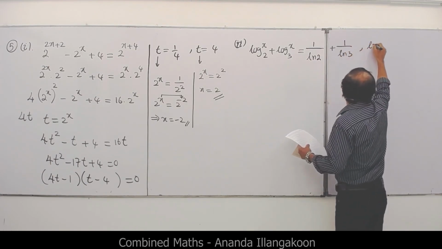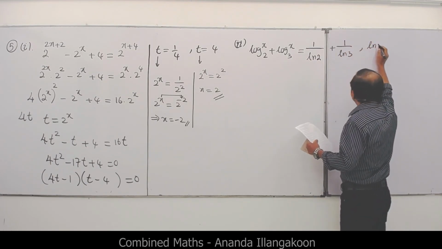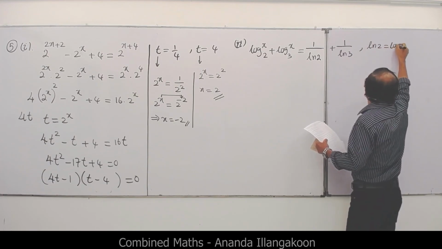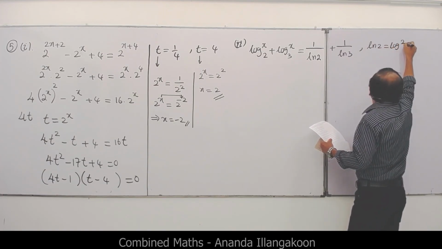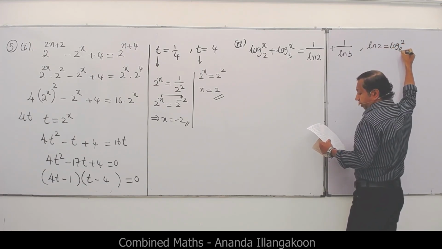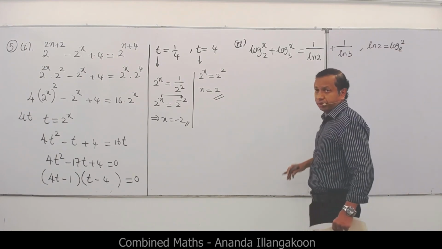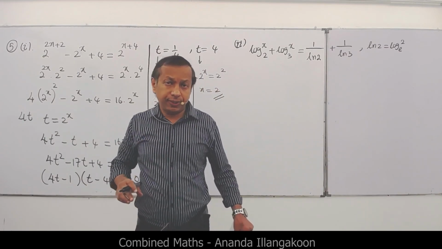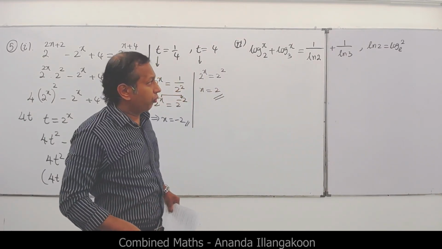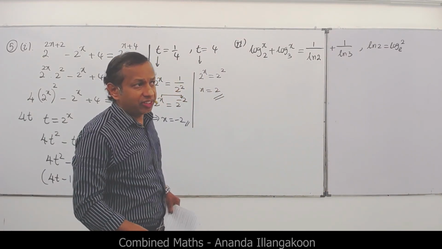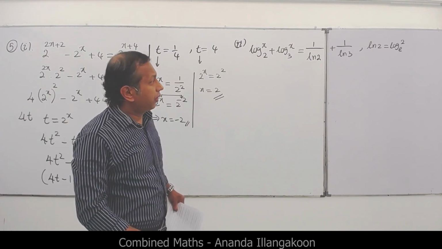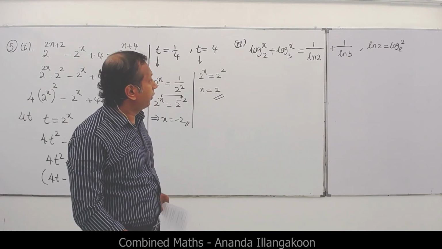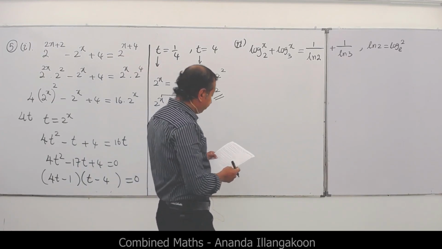Here people remember Ln 2 means logarithm of 2 to the base e. You will learn this e, exponential e. In the exponential function, the constant is that e. Its value is approximately 2.71 up to 2 decimal places. Such a value is e. Okay, Ln we write like that.